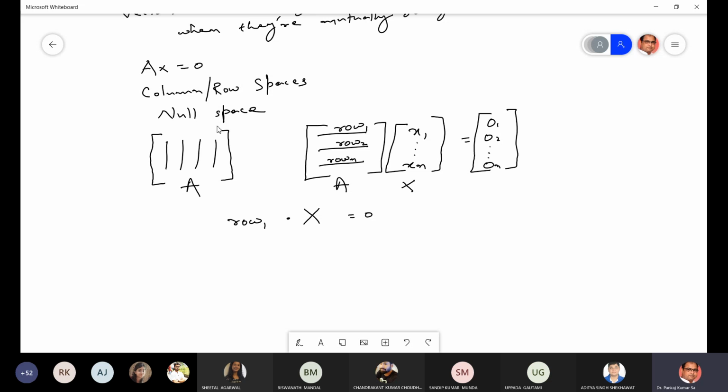The null space is nothing but the solution space of the equation Ax equal to 0.